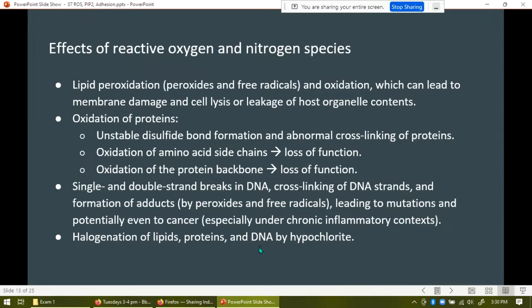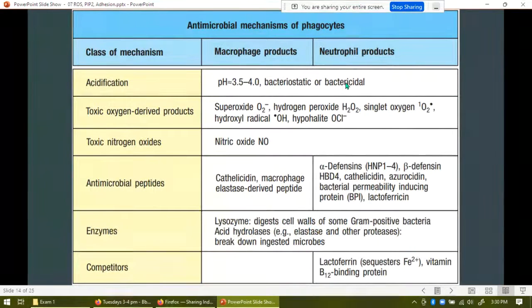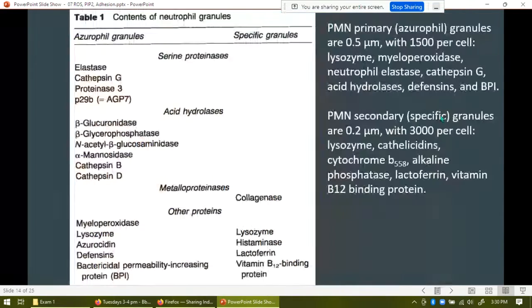They're going to have to be replaced with fresh ones. They also do all the other things that are listed here. So this is a figure you're now seeing for the third time, but now you can understand some of these toxic oxygen and nitrogen species a little bit better.